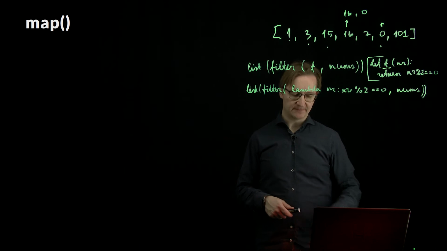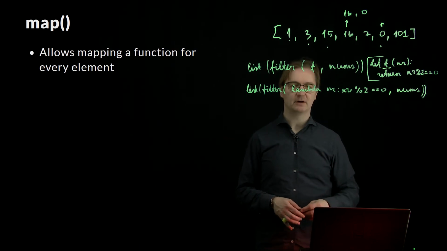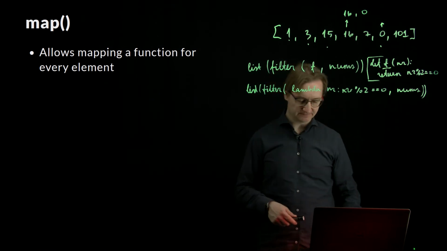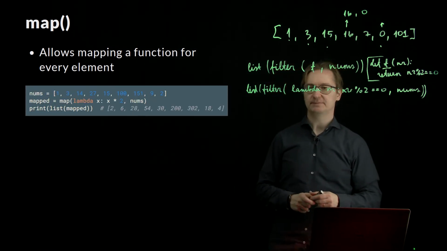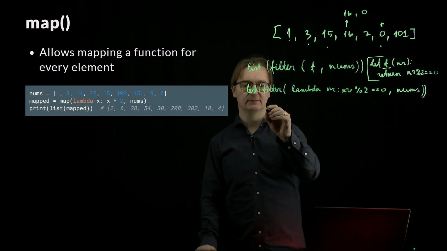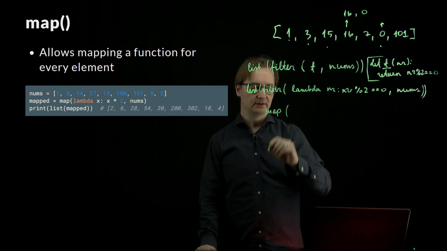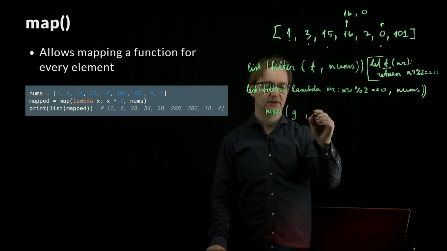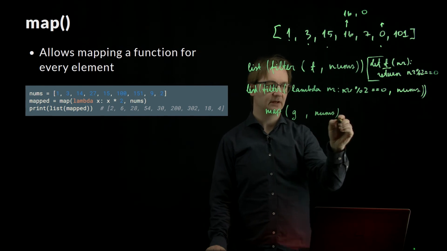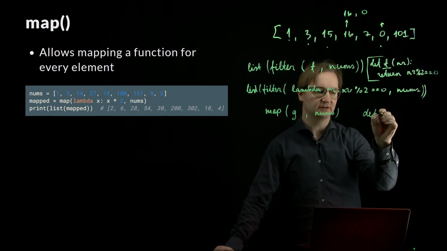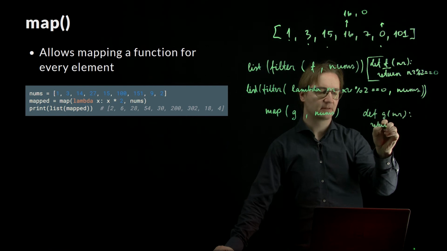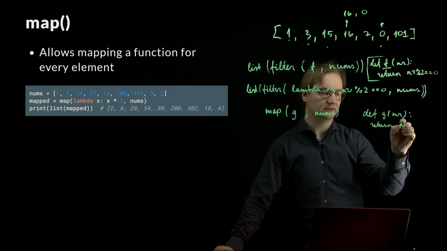Another function is map. The map allows us to apply a function to every element. Here is an example. Let's do the same. We write map. Now we also have to write a function. Let's call this function g, and nums. I also define this function here. Function g takes in a number and returns, let's say, number plus 1.